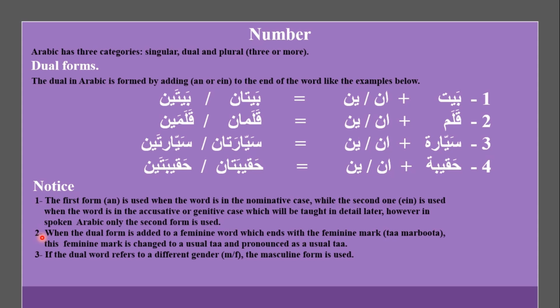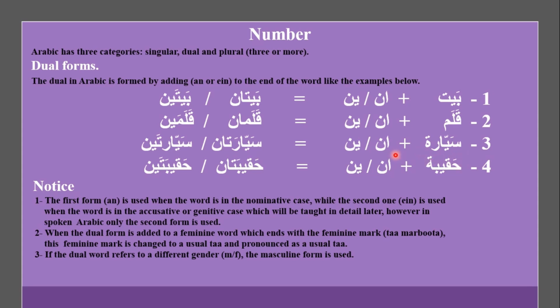If the word is feminine and ends with a feminine mark, ta marbuta, you need to change this ta marbuta into a normal ta, and then you add alif and noon or ya and noon. And this feminine mark must be pronounced because it's just like a normal ta.